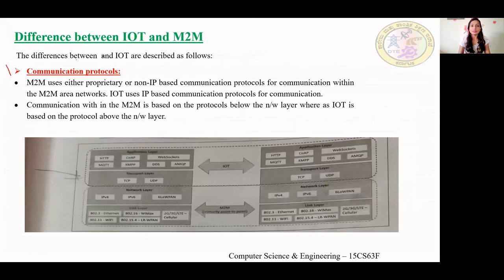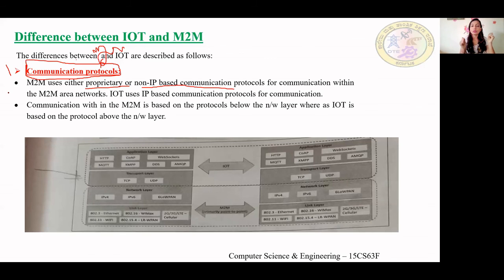The first difference between IoT and M2M is the communication protocol. Can anyone tell, last class I told how the communication protocol is in M2M? M2M follows either a proprietary or non-IP based communication protocol for communication within the M2M network.